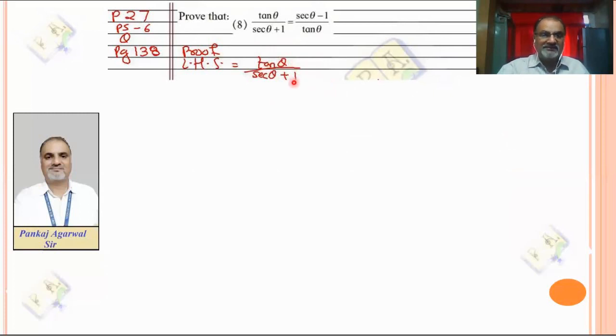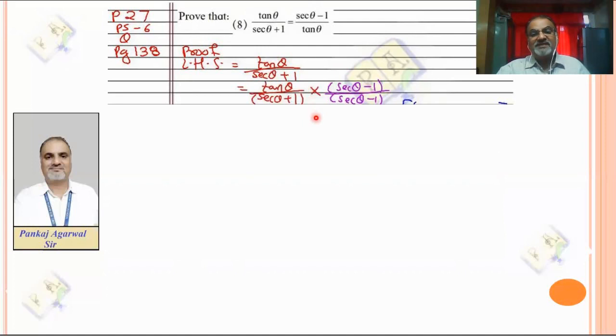In the LHS, sec theta plus 1 is in the denominator, but in the RHS it is sec theta minus 1 in the numerator. Since I want sec theta minus 1, I'll multiply and divide the LHS by sec theta minus 1.